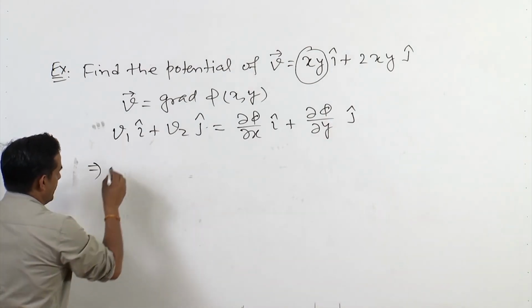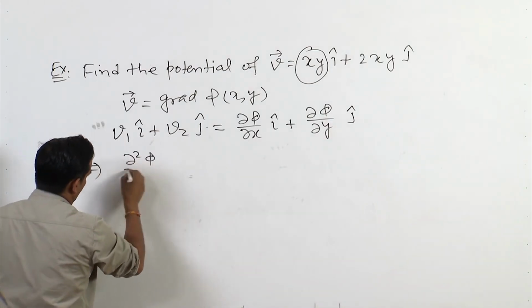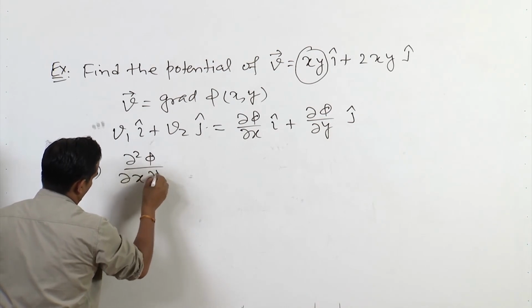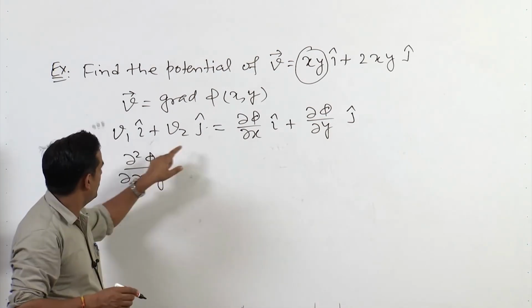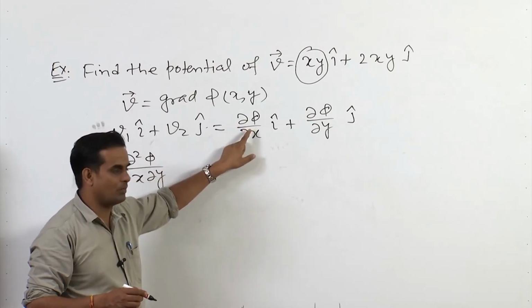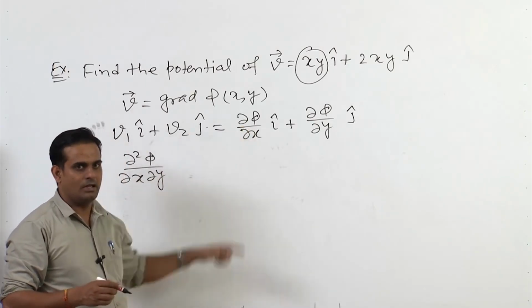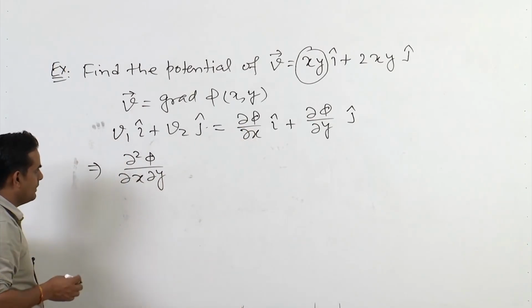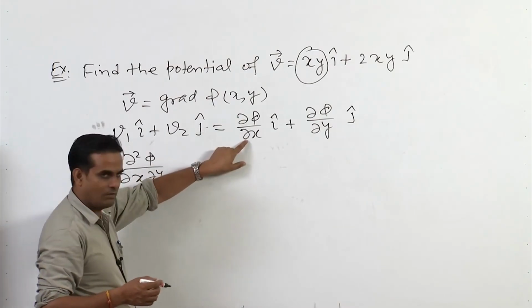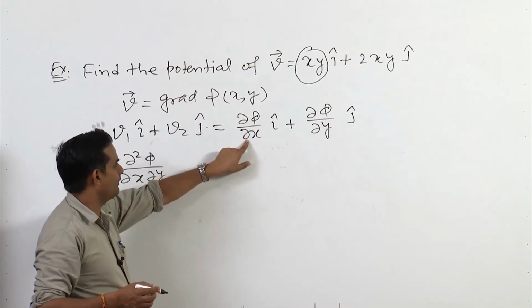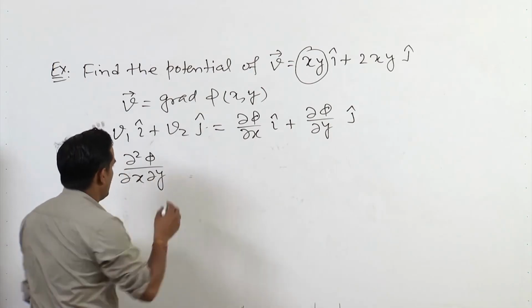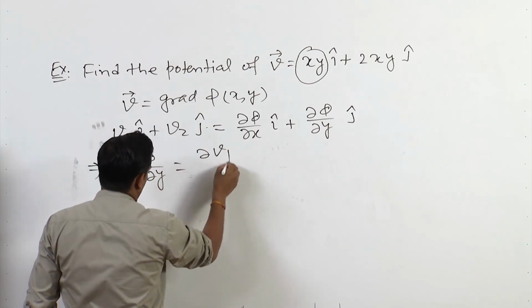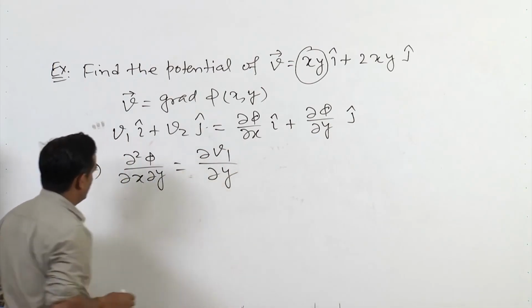Now if I differentiate partially the i component of these two vectors with respect to y, this will become del 2 phi over del x del y, and this will become del v1 over del y.